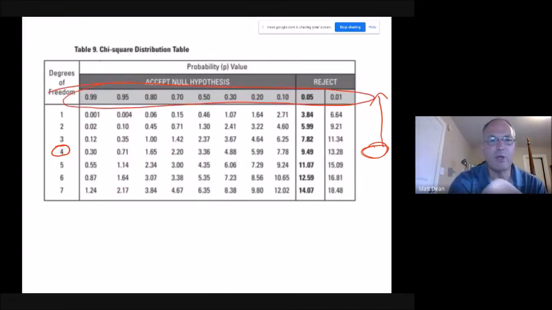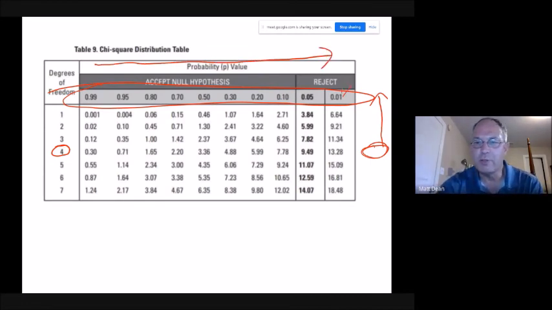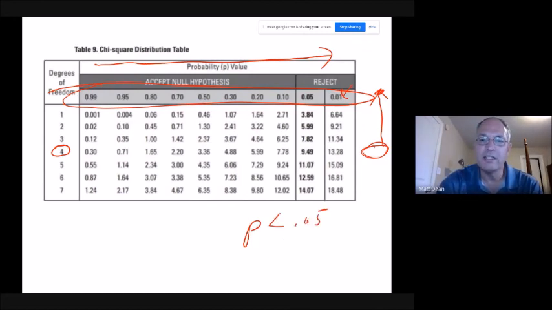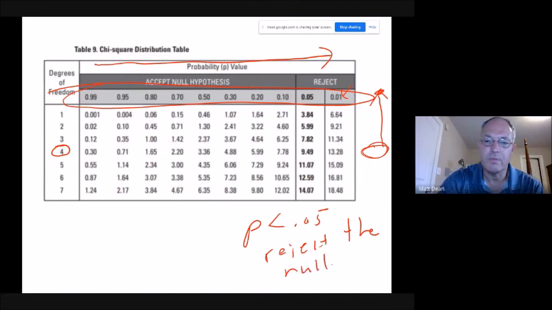Notice that as we move from left to right, the p-values get smaller and smaller. So here the p-value is 0.01, which means our p-value would be less than 0.01. So what we're saying is we have a p-value less than 0.05, which again tells us that we need to reject the null hypothesis. So this is just another way to interpret the chi-square statistic that you calculated.